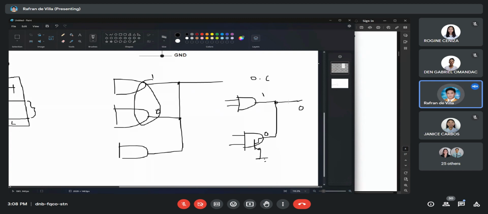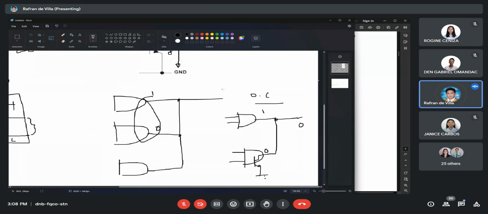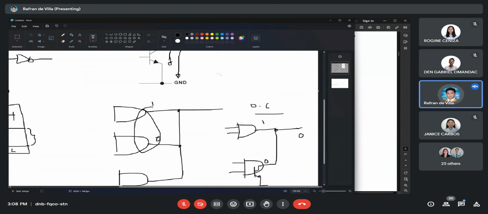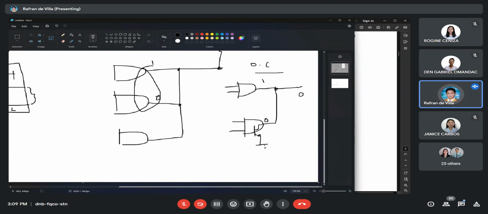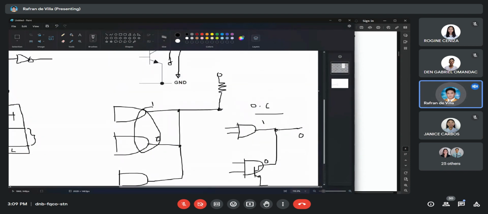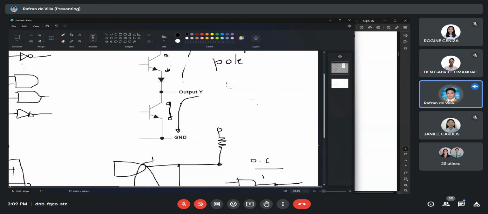So typically sa kani nga design guys, sa gitawag nato nga open collector, mag-require na siya og external component to generate a logic high. So usually butangan ra na siya og pull up nga resistor. So imagine if you are gonna be creating a 4-input AND gate, niya mo gamit kag 2-input AND gate, unsaon na nimo?